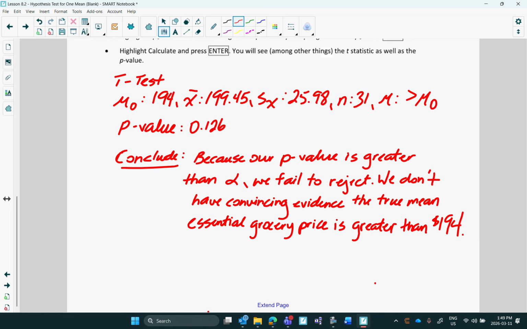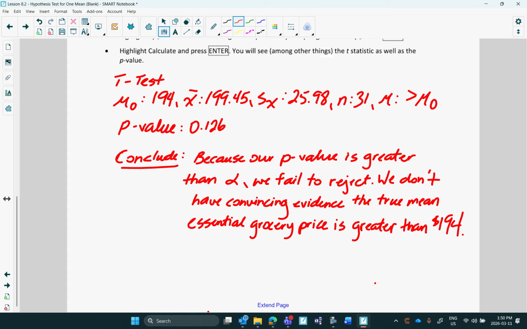Type 1 is when you accidentally reject, and we failed to reject, so you could have made a type 2 error. Right. I was a little worried about you there for a second because you got so excited and then you said type 1, and I'm like, no, say type 2. I understand. There you go. Good job. Okay. Any other questions about this?